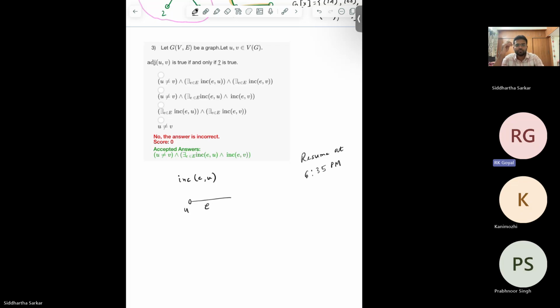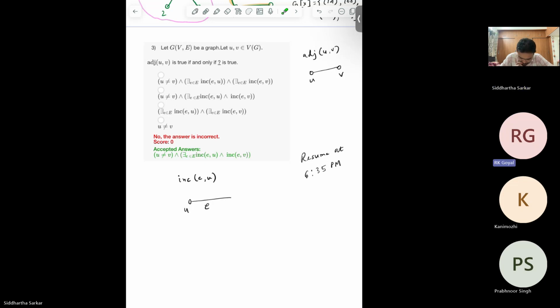And the meaning of adj(u, v) is that there is connectivity between u and v. There is an edge between u and v. Yes, okay? So then the first option is that if there is an edge between u and v, then u is not equal to v, and there exists an edge e such that inc(e, u), but then this second e could be different from the first one, so there is no guarantee that the same e is incident on u as well as on v.